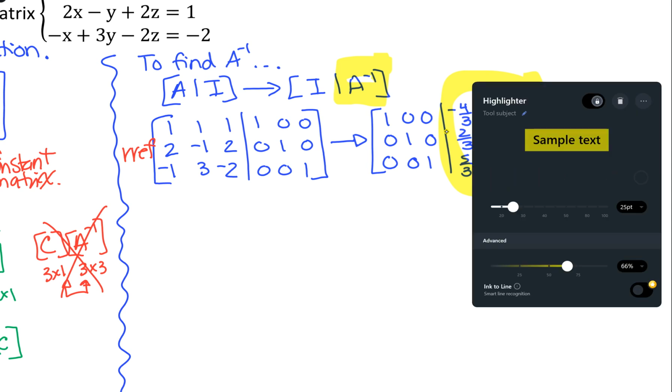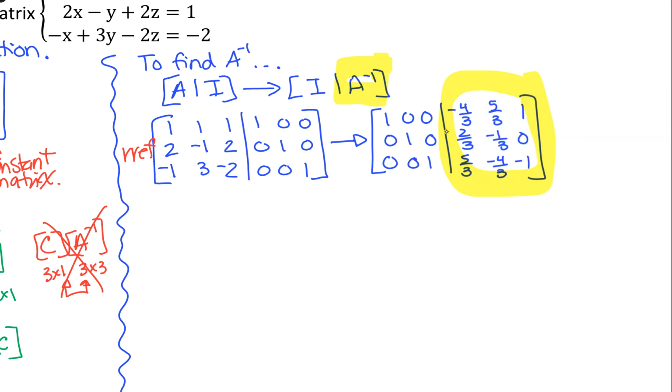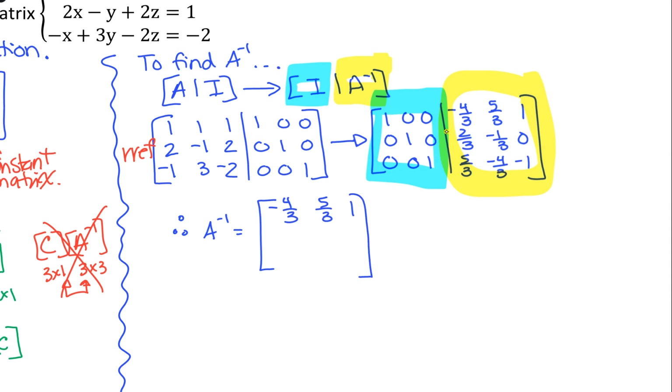So identity is on the left. Here's my identity. And the inverse is on the right. So therefore, A inverse is negative 4/3, 5/3, 1, 2/3, negative 1/3, 0, then 5/3, negative 4/3, negative 1. Make those a little bigger. Okay, that was just my inverse.